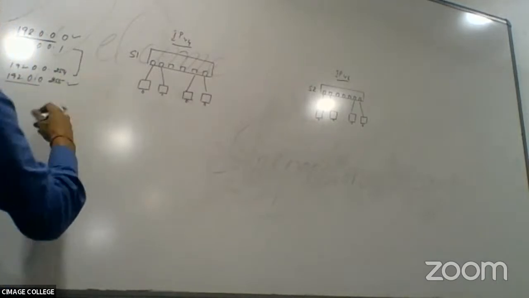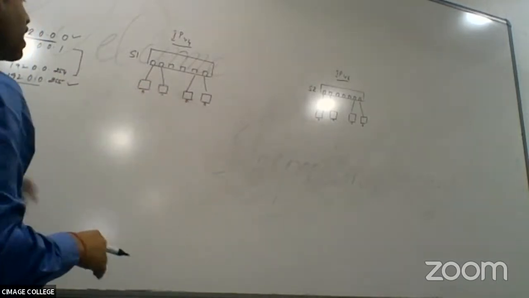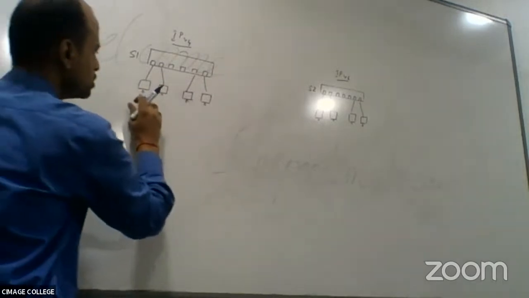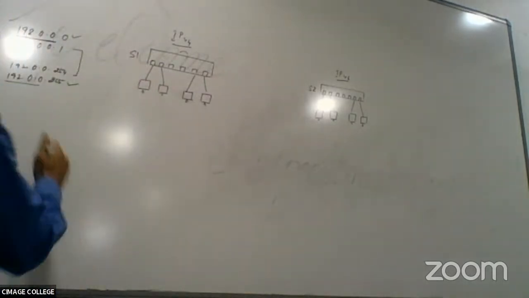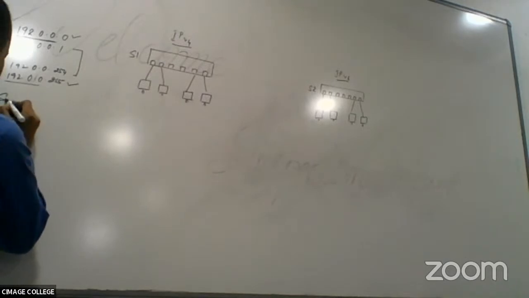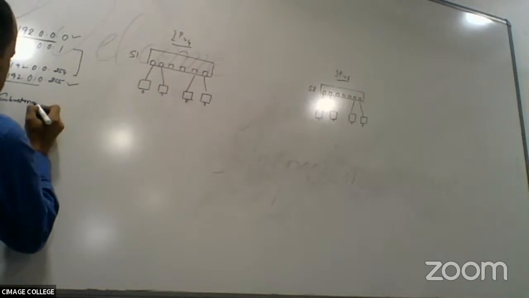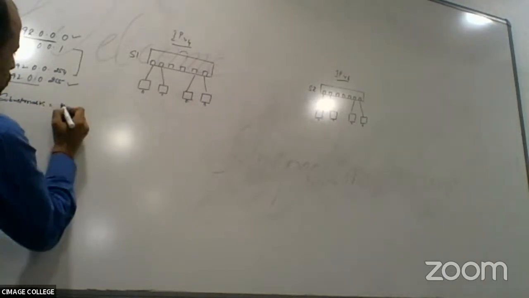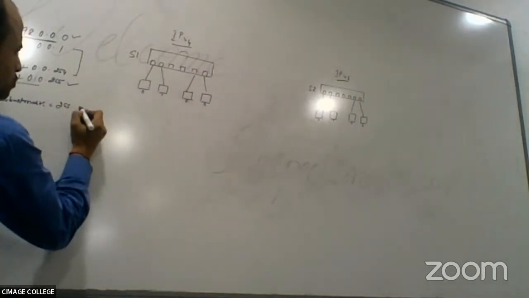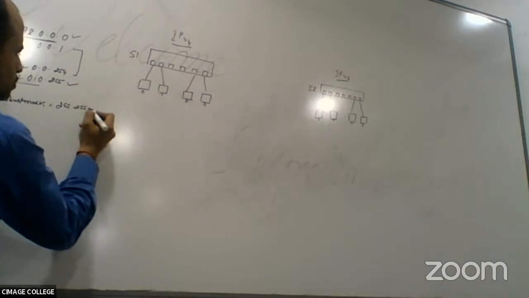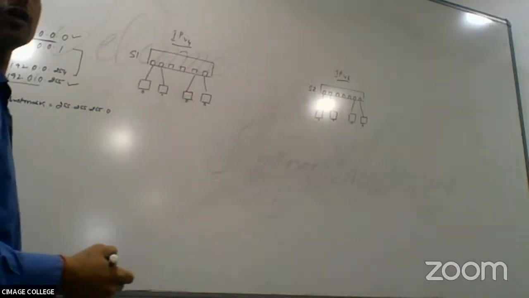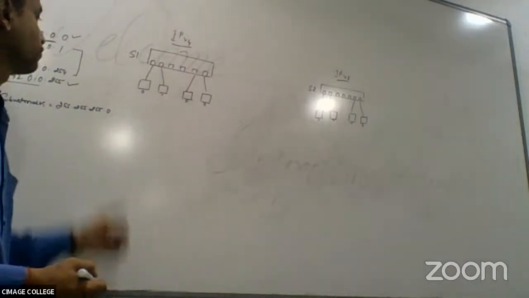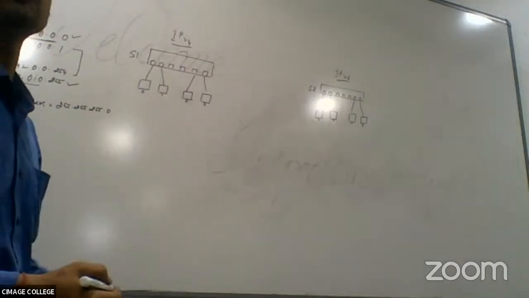From this range, we can take any IP address and we can assign it to these nodes. Fine. Now the default subnet mask is 255.255.255.0, because this is class C. Fine. You all have decided this network.